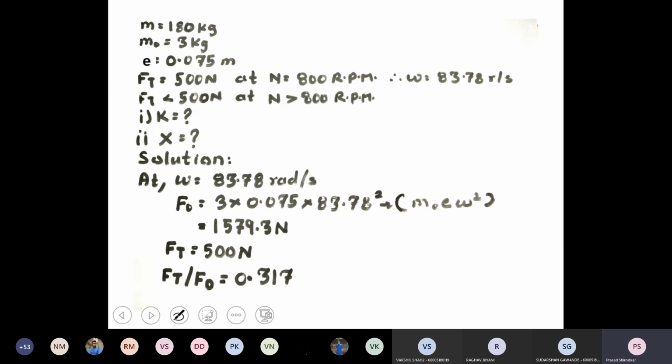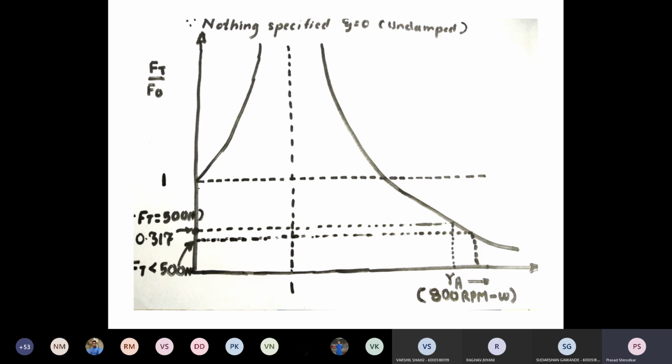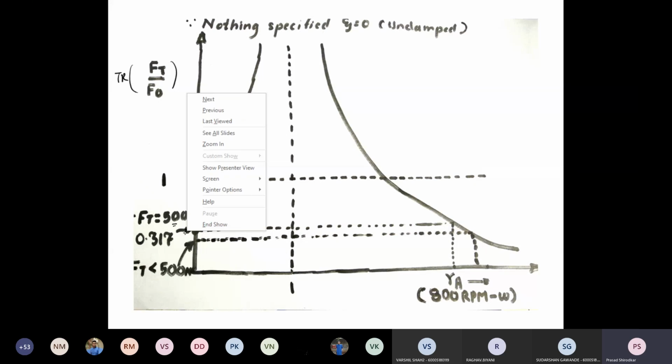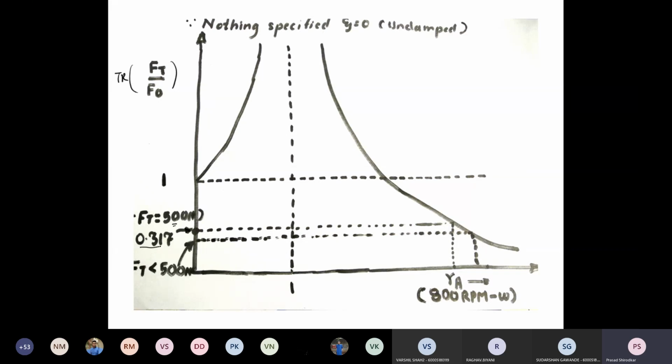All right, this is just the summary of the calculations. Now we have to draw the graph. I constructed this graph of transmissibility ratio on y-axis and frequency ratio on x-axis. Now Ft is equal to 500, so the transmissibility ratio is 0.317, and the corresponding RPM is 800 RPM. What is the desired condition?